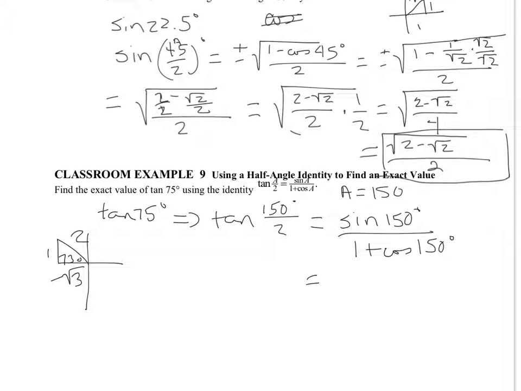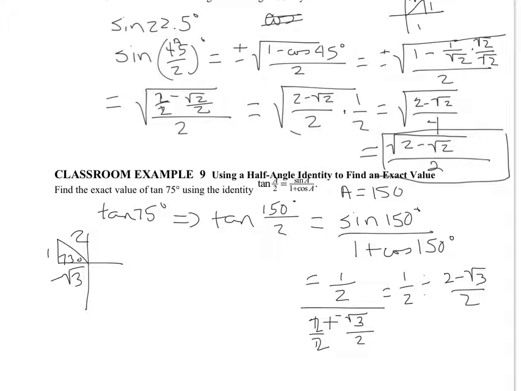The sine of 150, Chase just said was 1/2. He is exactly right. So we're going to have 1/2 divided by 1 plus, what's the cosine of 150? Square root of 3 over 2, and it's negative. Now, I'd like that to be a single fraction. So can I think of this 1 over 1 as being 2 over 2? And this is going to be the same thing as 1/2 divided by, and if I put this together, that would be 2 minus the square root of 3 over 2, wouldn't it?